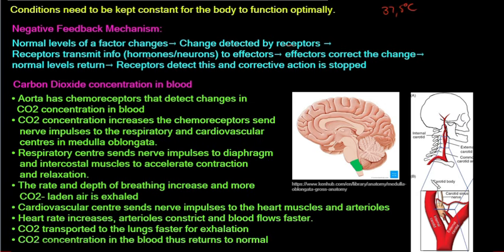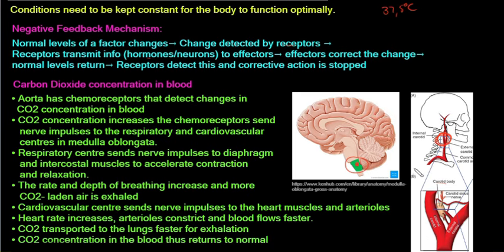In case you didn't know where those sit, on the aorta, specifically in that area over here, it's difficult to see the red on red, you've got something called the carotid body, and in the carotid body you'll have those chemoreceptors that will send a message to the medulla oblongata. In the medulla oblongata you would have, for example, the respiratory center.